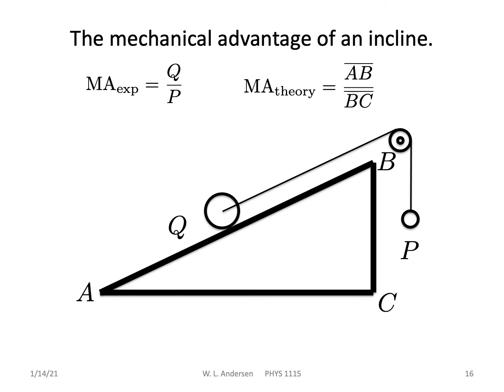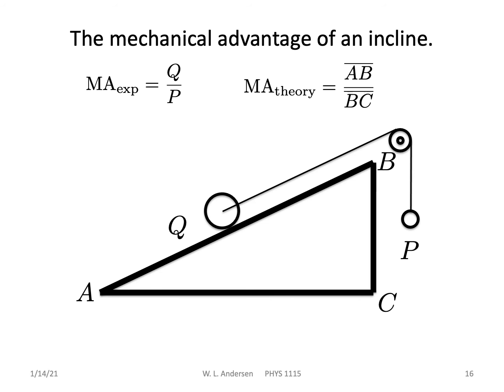One might say we have derived a theoretical value for the mechanical advantage, which we can calculate by measuring the dimensions of the incline, and we can compare that with the experimental mechanical advantage by actually manipulating weights P and Q to obtain equilibrium. It turns out the theory works. So we have succeeded in understanding the mechanical advantage of an incline by using the principle of the lever.